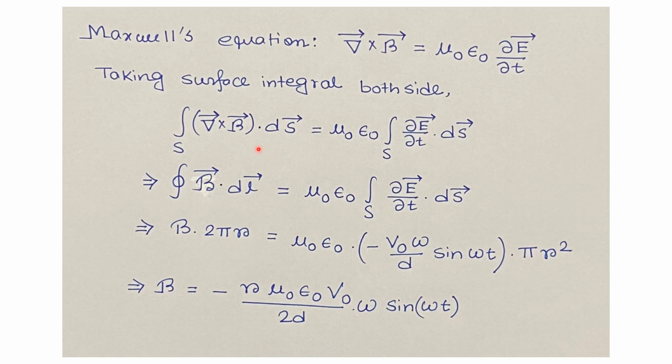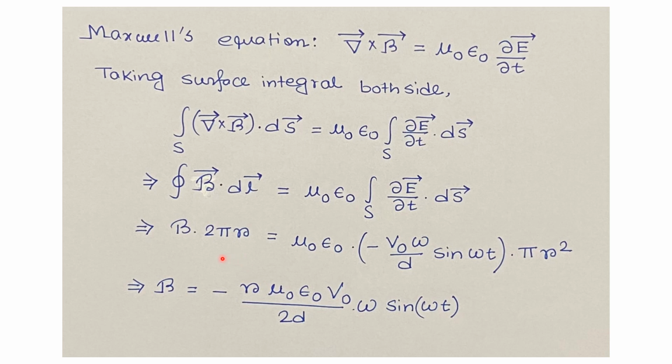Now we can convert this surface integral into the closed path integral. So the line integral of B equals mu naught times epsilon naught times the surface integral of del E by del t dot dS.